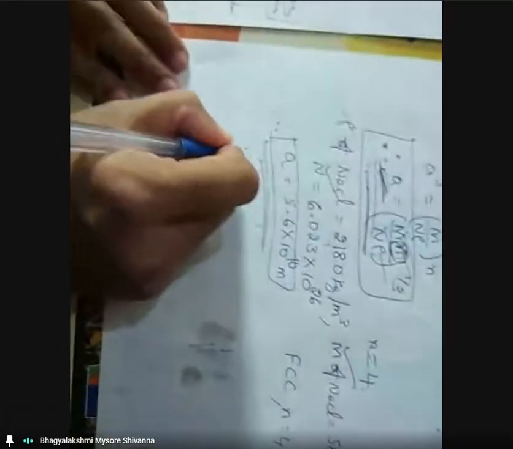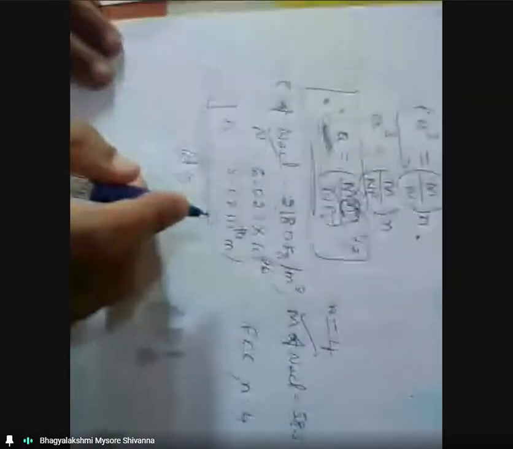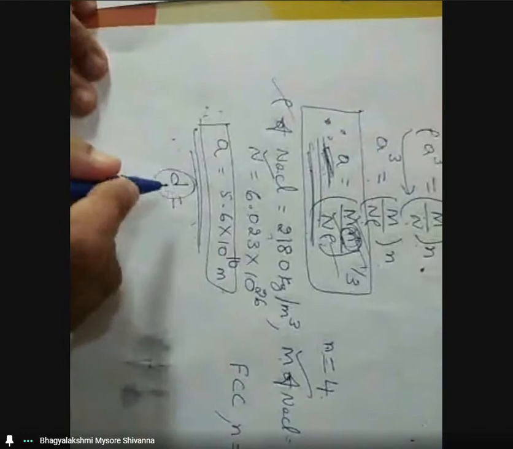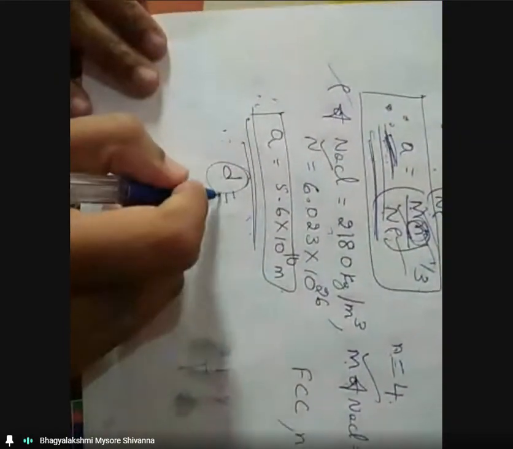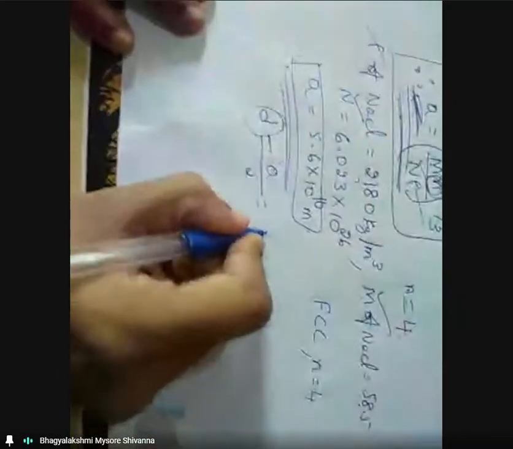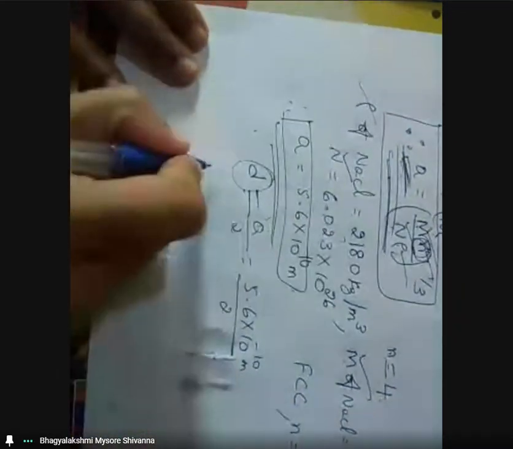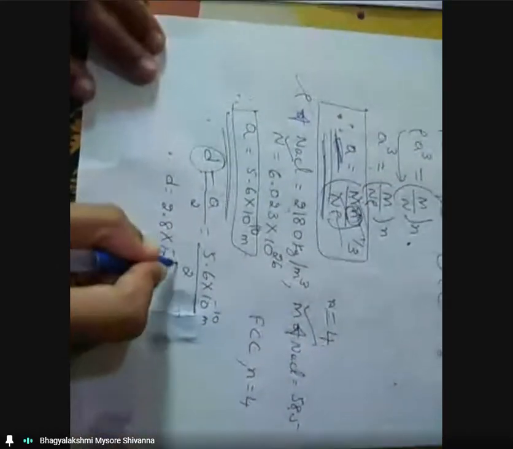But we have to find the interplanar distance. Why? Because if we know the value of d, we can find the wavelength lambda. How do we calculate the interplanar distance? We know that d is given by a by 2. Already we found a. Therefore, the interplanar distance is equal to 2.8 into 10 to the power minus 10 meter.